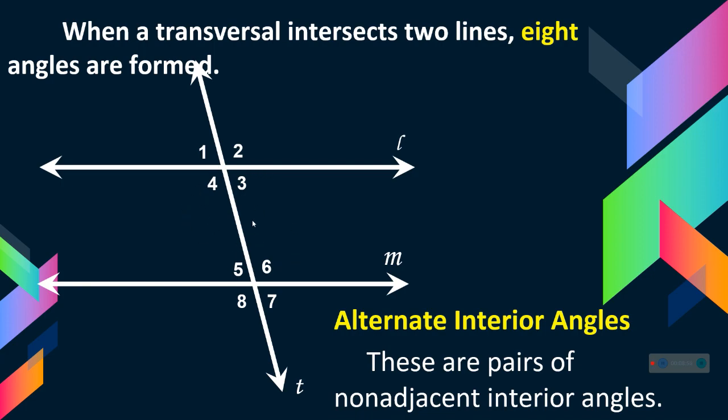Those are angles 4 and 6, and angles 3 and 5. So, we have two pairs of alternate interior angles.